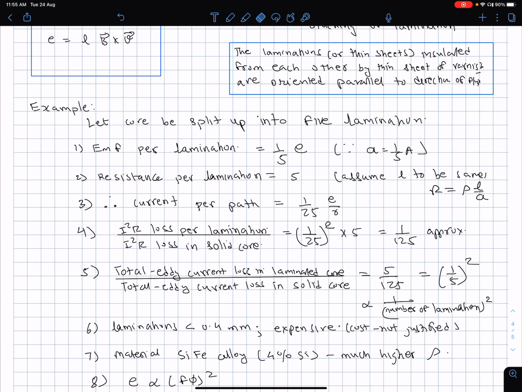So what happens to the induced current in the lamination?